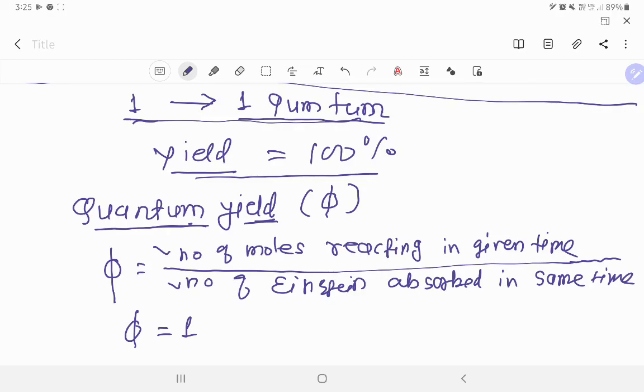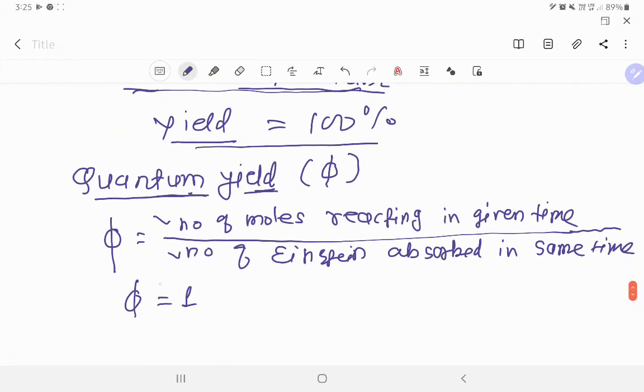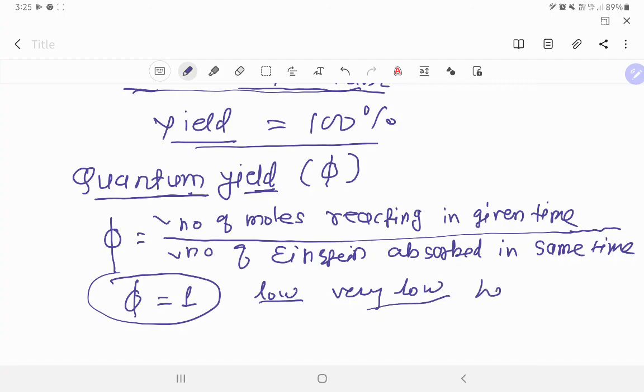But in actual practice, only for a few reactions is this ratio 1. In actual practice, this quantum yield is not unity. It may be low, very low, high, or very high.